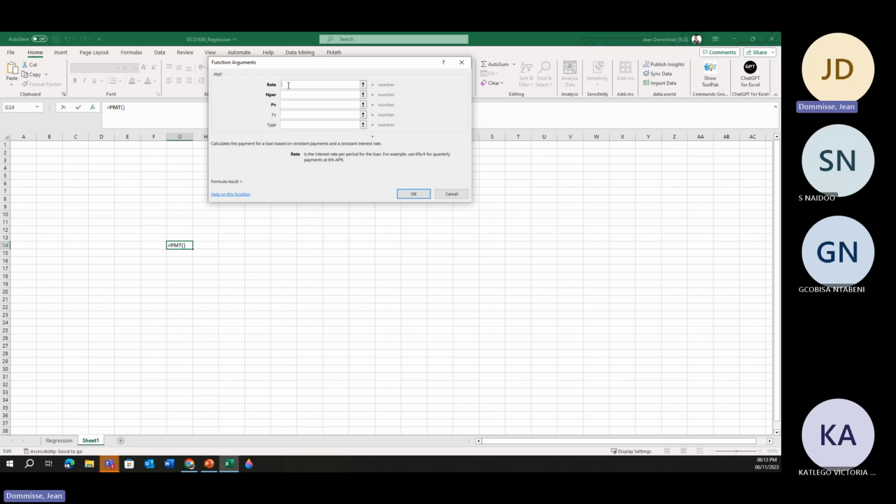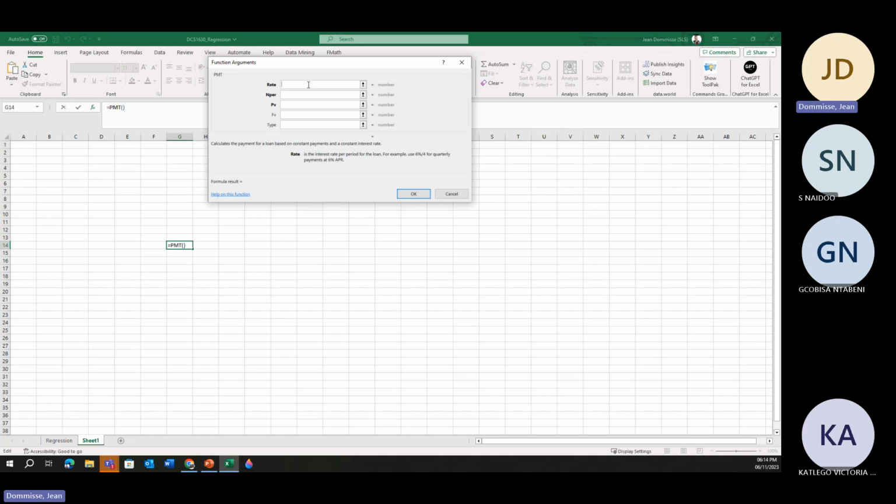So the calculator automatically takes that into account, but in the rate on your Excel you need to divide by 12. Okay, so that's the one thing from the calculator versus Excel.